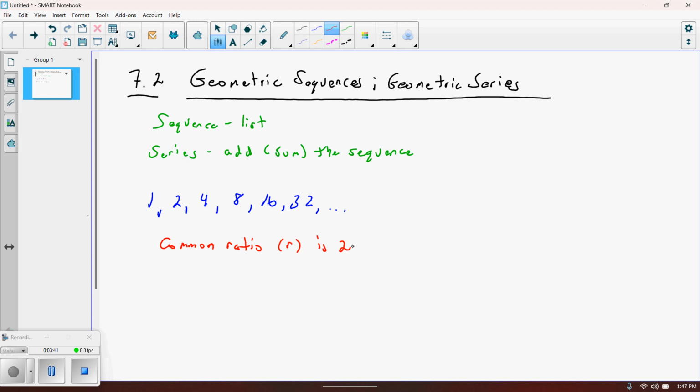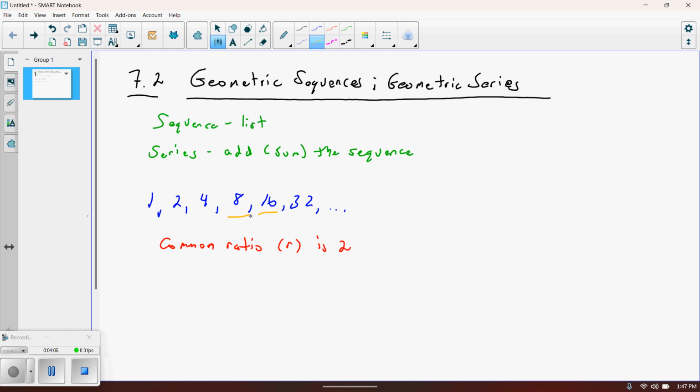Again, it's because 1 times 2 is 2, 2 times 2 is 4, 4 times 2 is 8, and so on. If you were just given a list of terms and told that the sequence is geometric, you can always find the common ratio by taking any two consecutive terms, for example, 16 and 8.